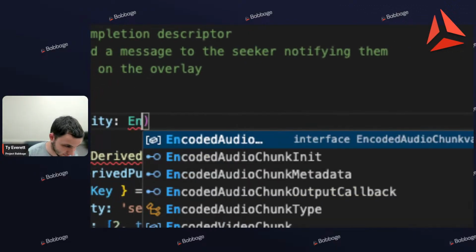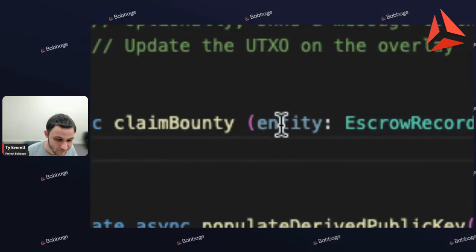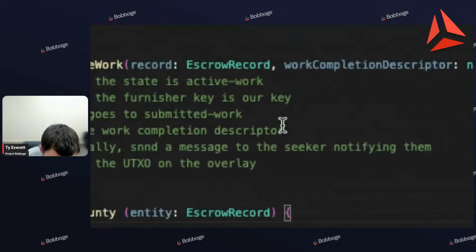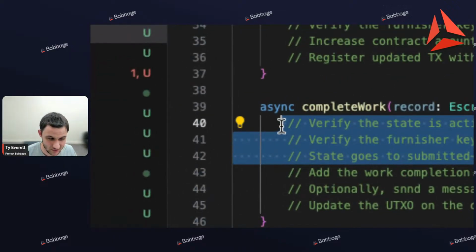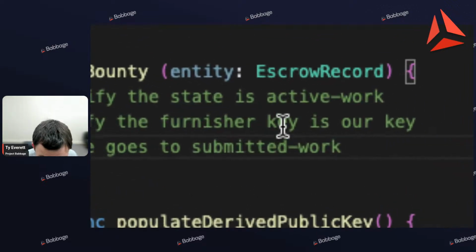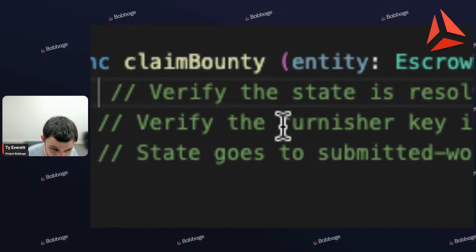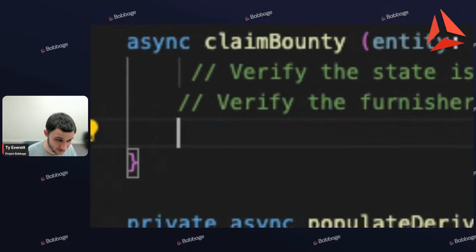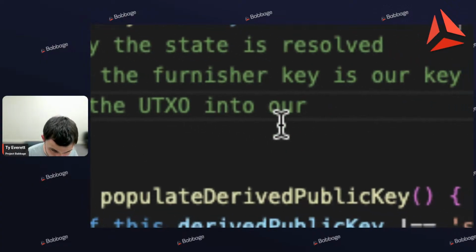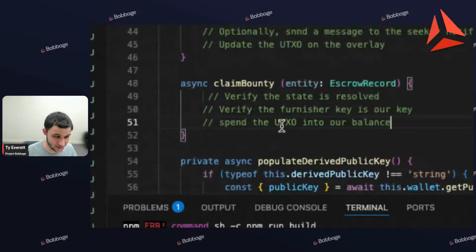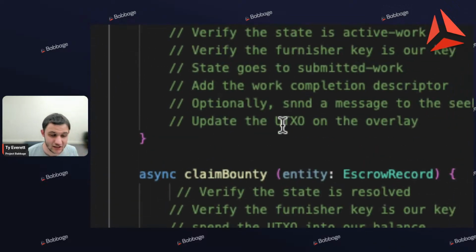So this is going to be verify, verify, verify. State is resolved. We are the correct key. Spend the UTXO into our balance. Okay. All right.